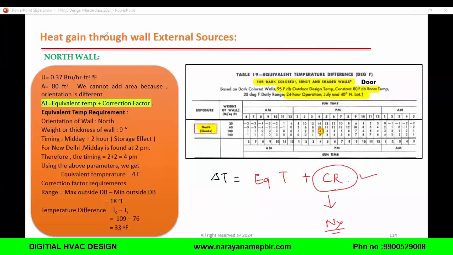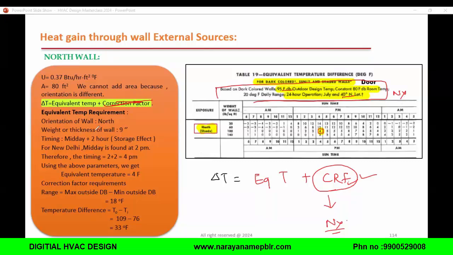Any location you go, except New York, because the temperature and climatic conditions mentioned in this table are for New York. Any other place you are designing, you have to consider the correction factor. If you're designing for New York City, don't consider the correction factor.